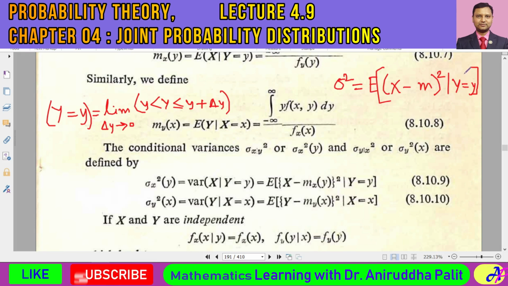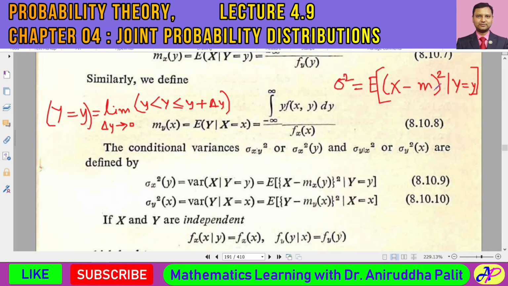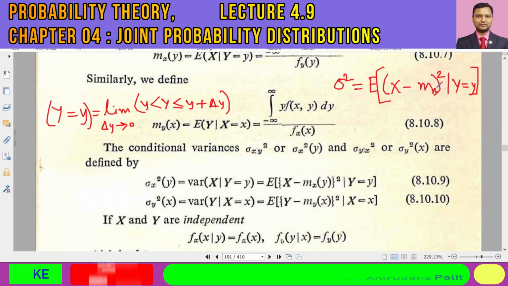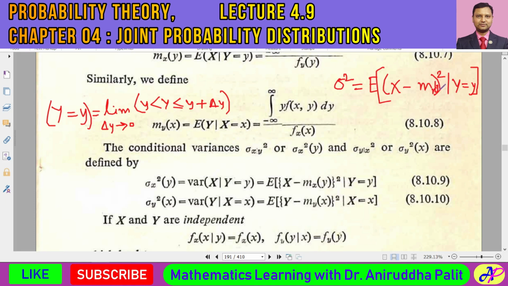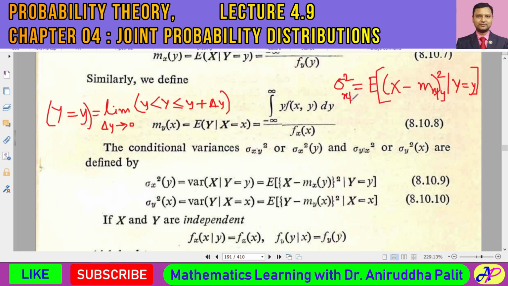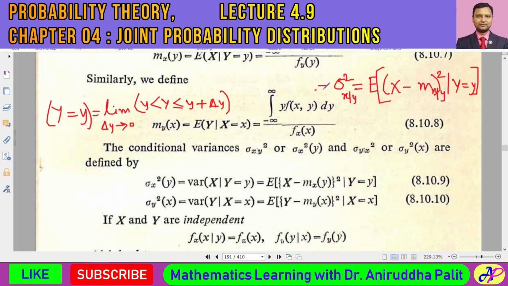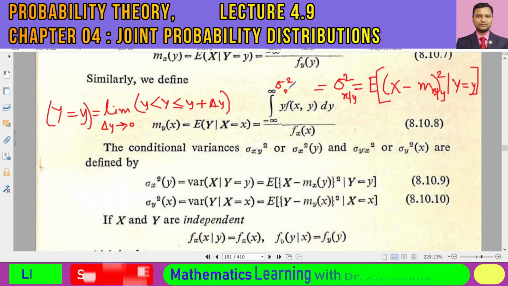If Y is equal to small y, this condition is provided, in that case this m_X(y) should be written. I am writing this kind of condition, m(X given y), and in that case we can write sigma(X given y), or sometimes it is also written in this way: sigma square X(y).